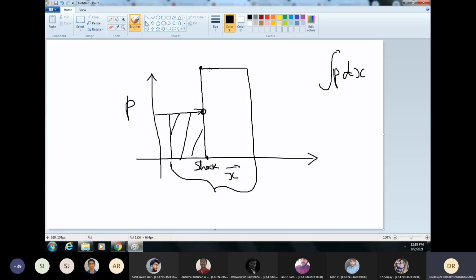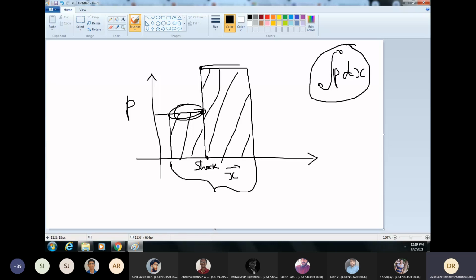You can still integrate. You can do piecewise integration. Before the shock, you can integrate so much. After the shock, this is the area. You can add them both and get the integral without any problem. This formulation does not assume that the function p has to be continuous everywhere.